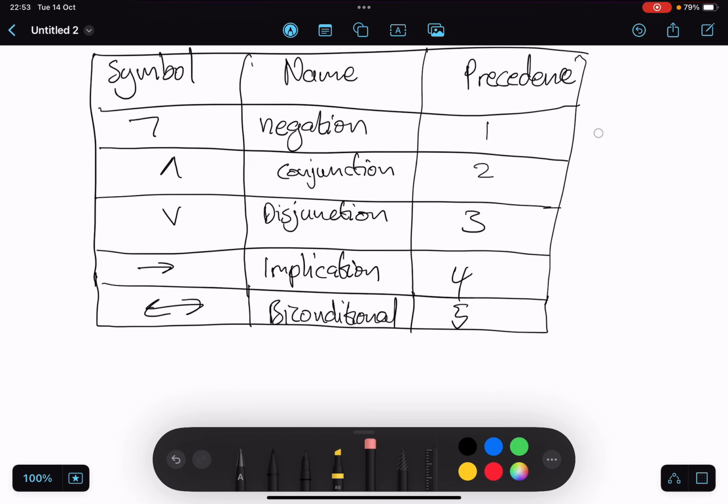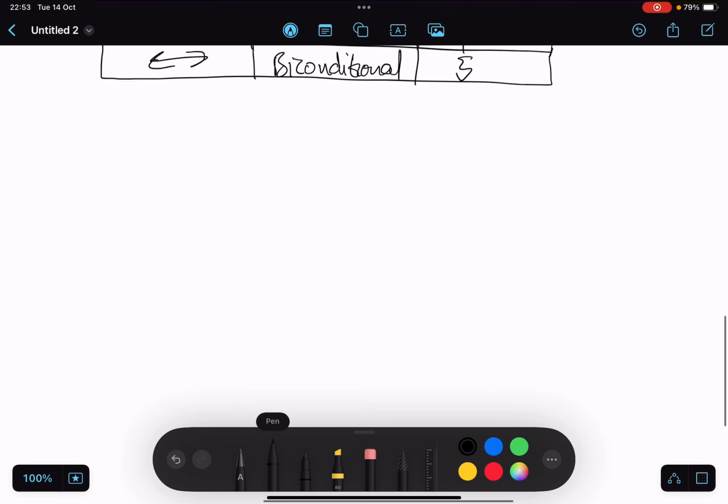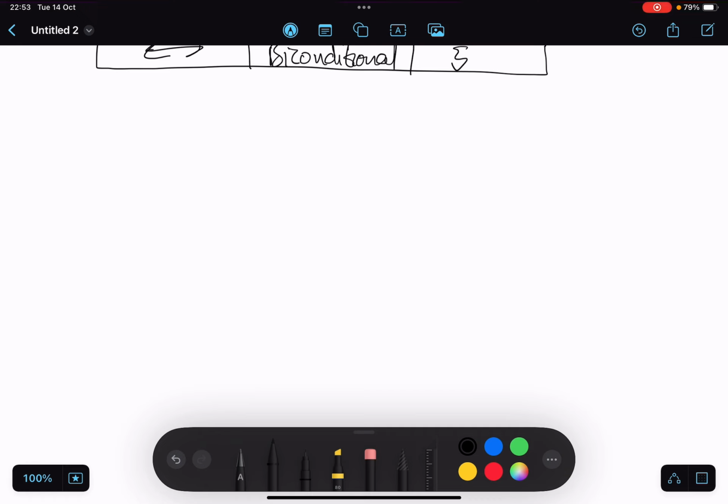So let's look at an example where we try to simplify a compound proposition using the precedency table.